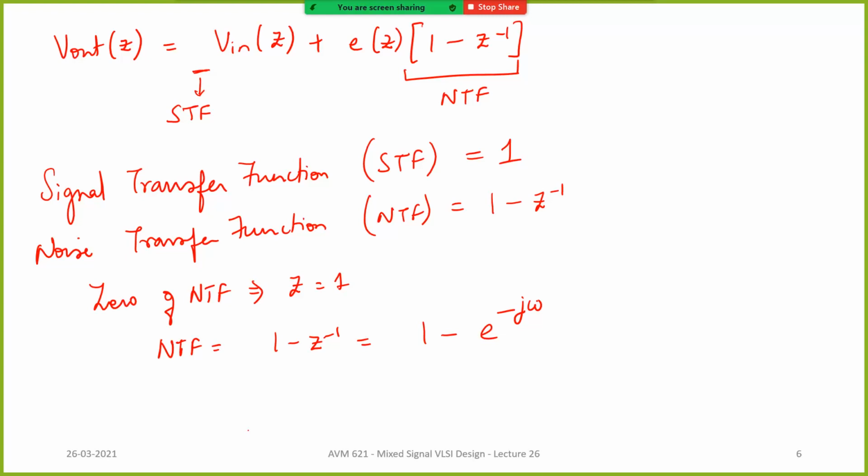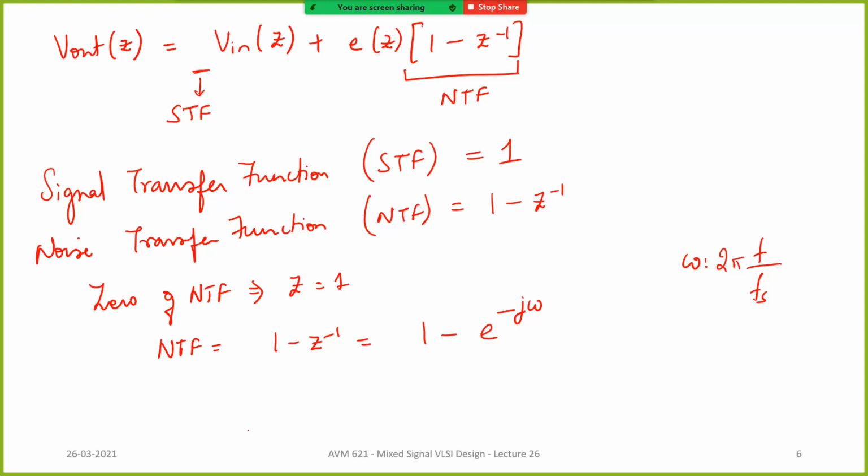But if you want to evaluate along the j omega axis, you put s equal to j omega. Here again, for Z, you put e power j omega, where omega is your discrete time frequency, given by 2 pi f divided by your sampling frequency fs. So this is how small omega is defined.